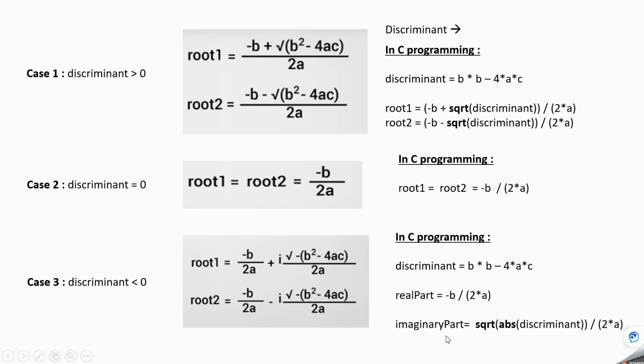Okay, so let's see how we can calculate this imaginary part in programming. Here we have calculated the value of the discriminant, that is b square minus 4ac. First we take the absolute value. As we know, the value in this case will be negative, so this absolute function will return the positive.